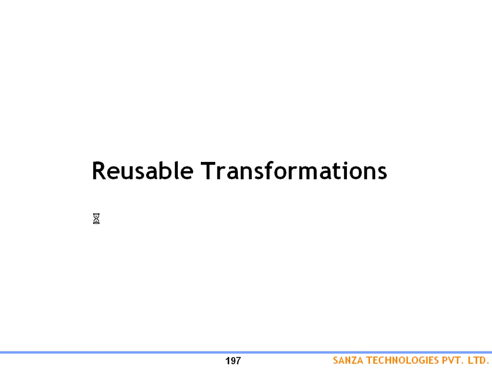A single transformation which can be used across more than one mapping is called a reusable transformation. It has inheritance properties. Means one time you create it, then you can reuse it across multiple mappings.